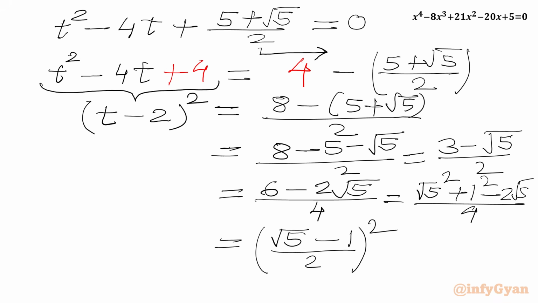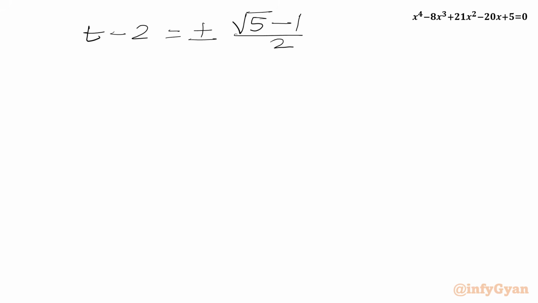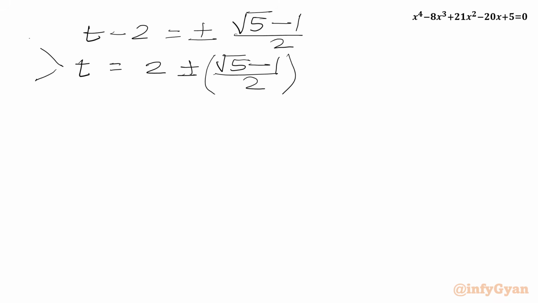Now we will take the square root on both sides. We will get t minus 2 equal to plus minus (square root 5 minus 1) over 2. Now t will be equal to 2 plus minus (square root 5 minus 1) over 2. Now t is nothing but the values of a and b, the first two roots of the quartic equation.